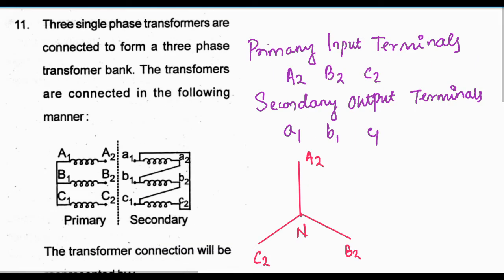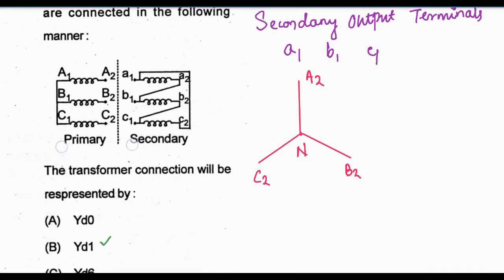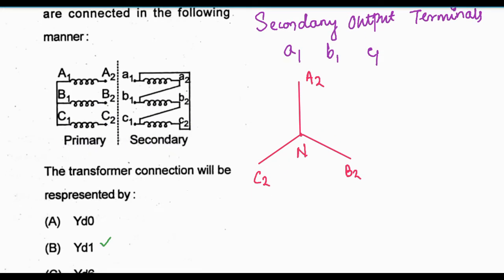Next question is, three single phase transformers are connected to form a three phase transformer bank. The transformers are connected in the following manner. So first thing is that here first one is a star connection and second one is delta connection, and primary we generally consider to be the high voltage side and secondary to be the low voltage side.